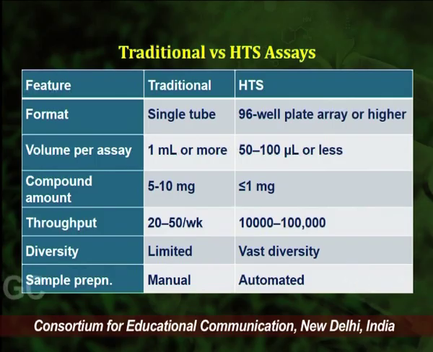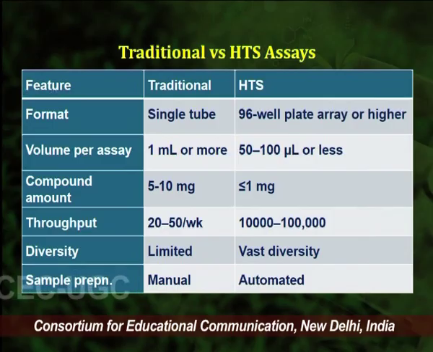And if we talk about the capacity or speed of screening, traditional assays have a very slow speed of screening of test compounds, that is 20 to 50 compounds per week, whereas in case of high throughput screening, we can analyze 10,000 to 1 lakh compounds in a single day.